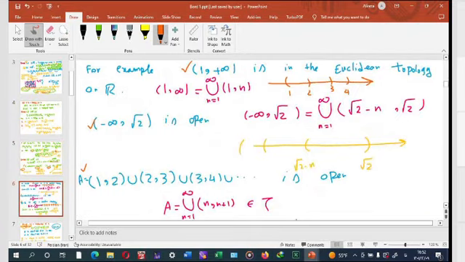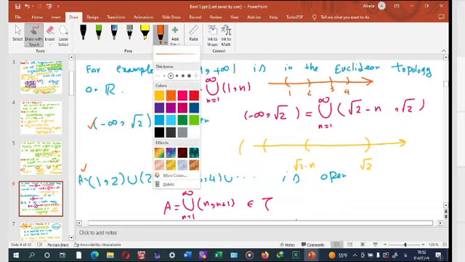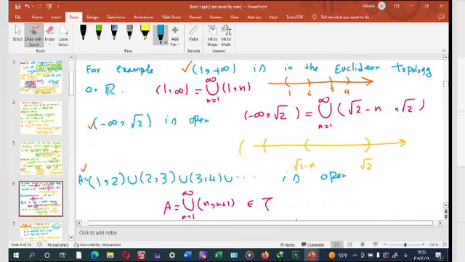And this union is an open set too, because this is a union of open sets. For an easier case, we can consider, for example, this union is an open set.